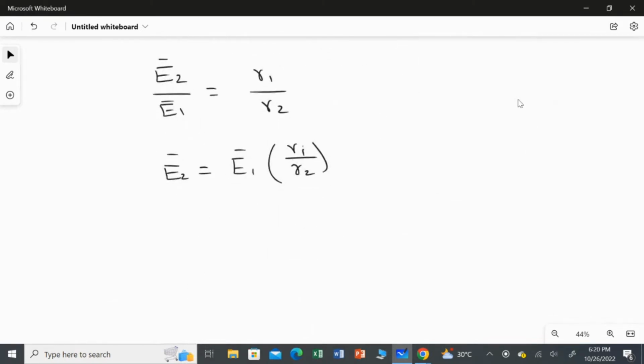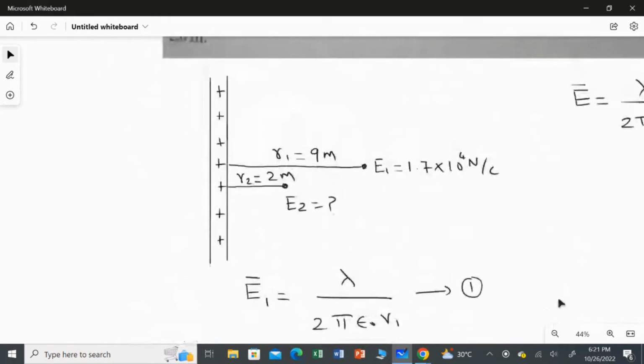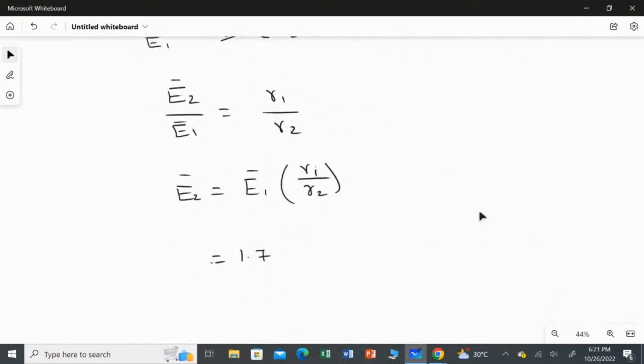The value of E1 is 1.7 multiplied by 10 to the power of 4, multiplied by, what is the value of R1? The value for R1 is 9 meter and the value of R2 is 2 meter.